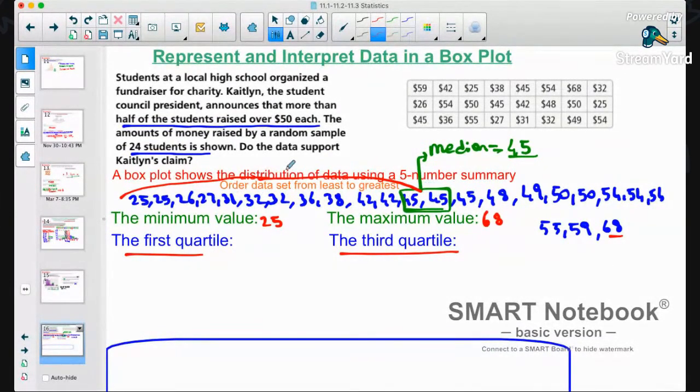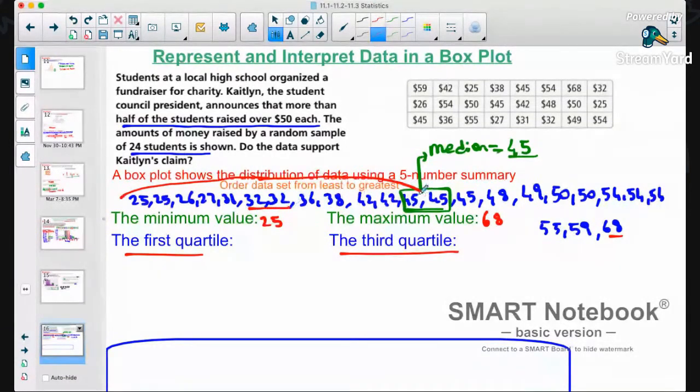In the left side of the median, what is your median in this lower part? So how many data there are? 1, 2, 3, 4, 5, 6, 7, 8, 9, 10, 11, and 12. So your median is going to be the number in the middle.